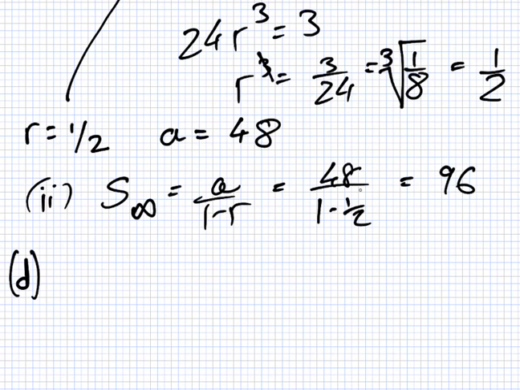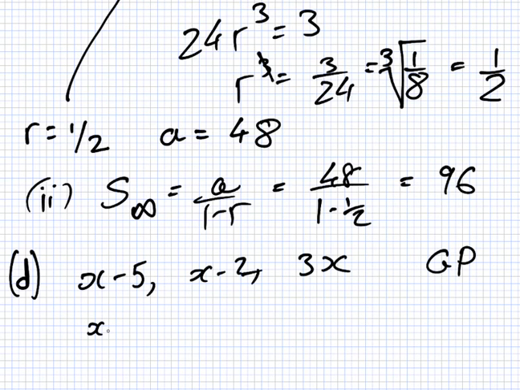Okay. So we're told that x minus 5, x minus 2 and 3x are in geometric progression. So that means x minus 2 over x minus 5 should equal 3x over x minus 2. You've seen how to solve those.